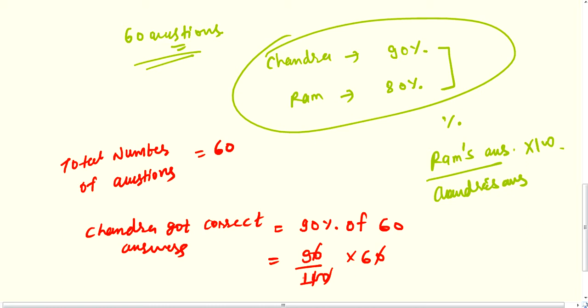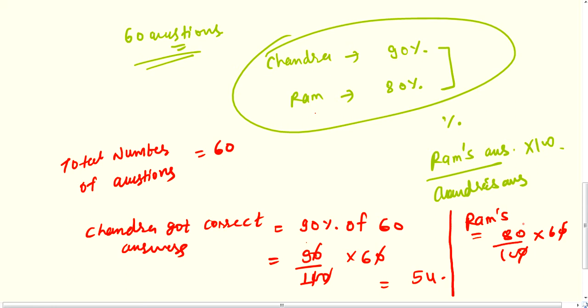In the denominator only 1 is there, so leave it. Then 9 6s are 54. That means Chandra got 54 correct answers. Similarly, you have to find for Ram. For Ram, 80% means 80 upon 100 into 60. 0, 0 get cancelled. 8 6s are 48. So Ram got 48 correct answers.